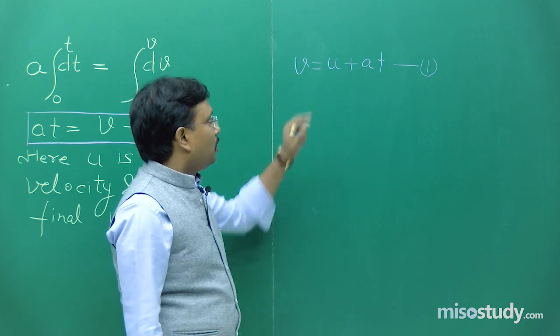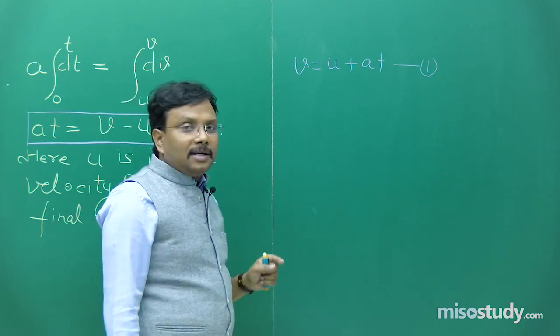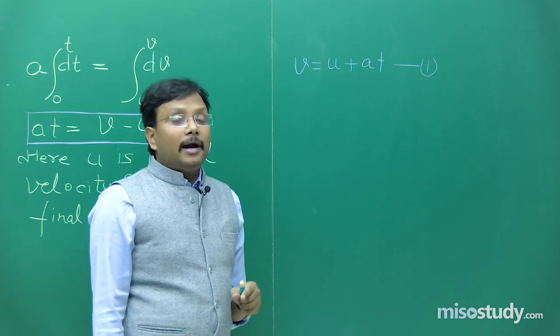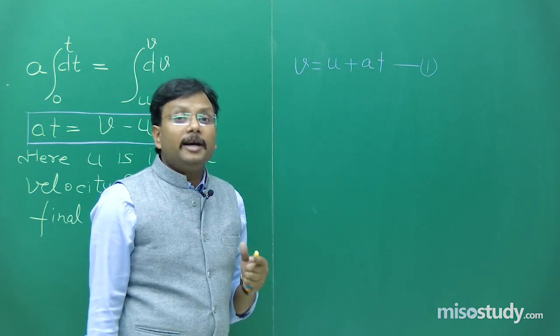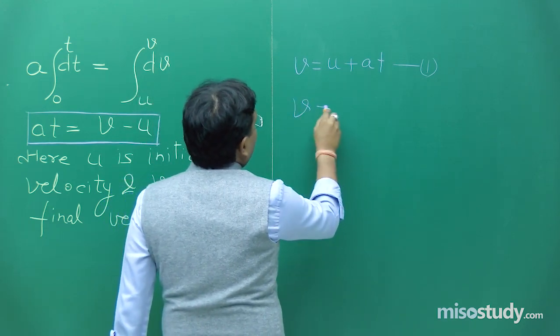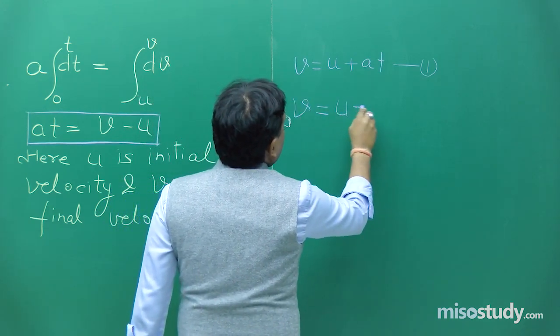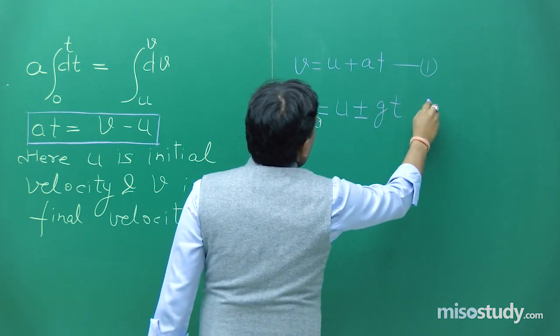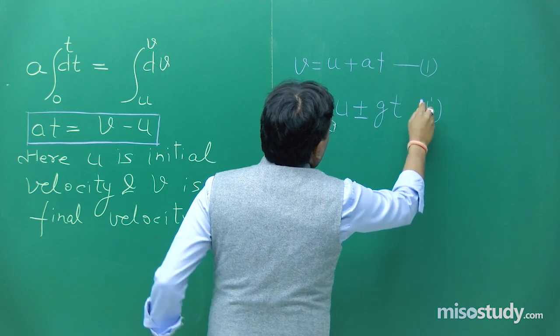Fine. Now, if the object is moving in a vertical plane, under the influence of gravity, then this same relation will be replaced by u plus minus gt. Why plus minus gt?